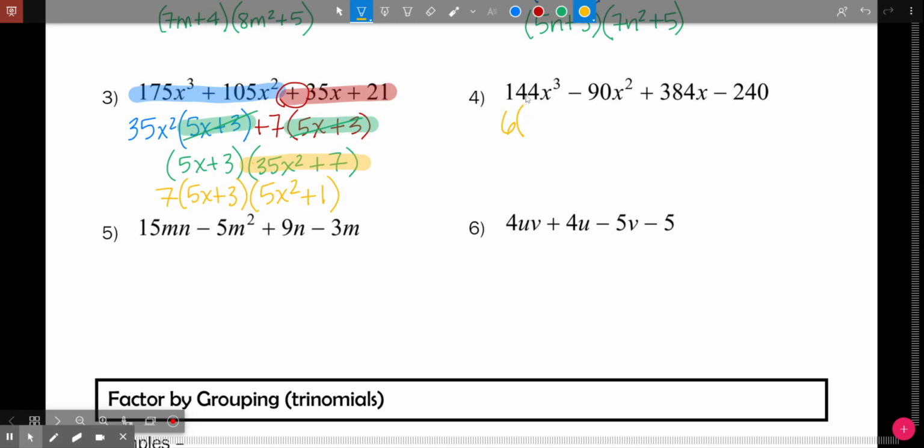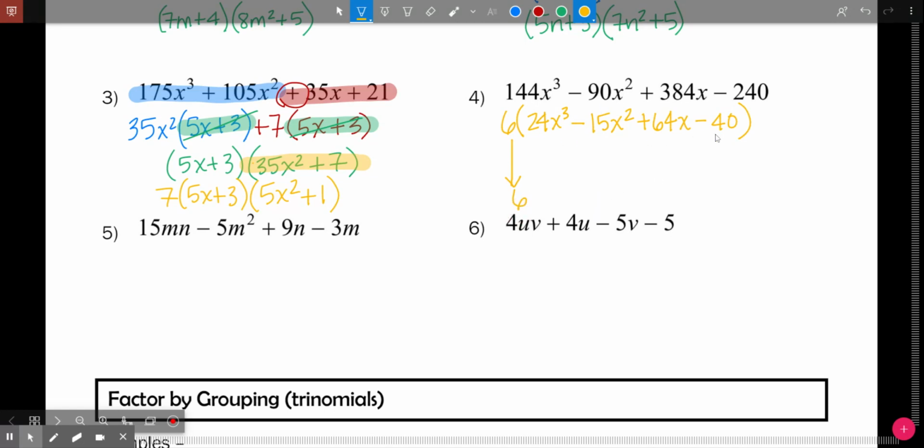So then I have 144 divided by 6 is 24x cubed minus 15x squared plus 64x minus 40. And I will drag my 6 all the way to the end so that I don't lose it along the way.